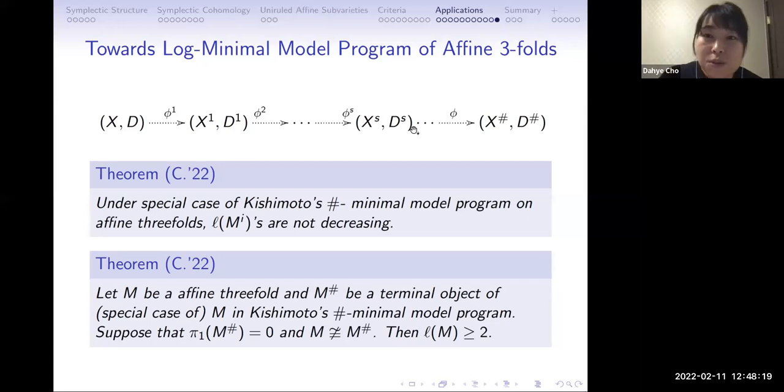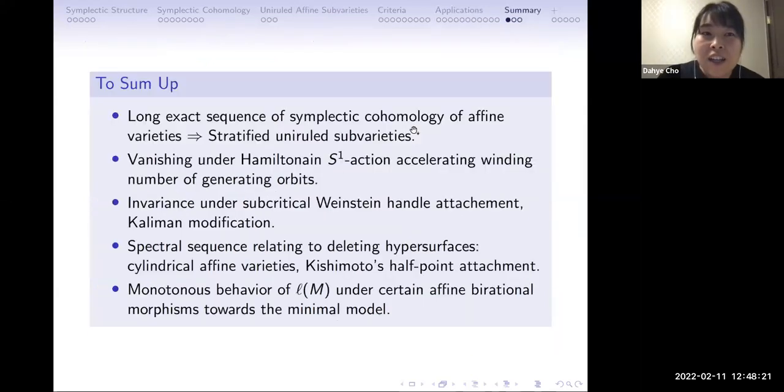And so, to summarize, from the long exact sequence of symplectic cohomology of an affine variety, we get stratified uniruledness of varieties.